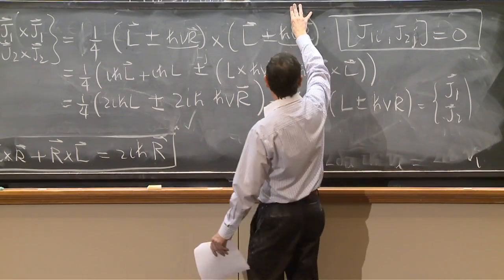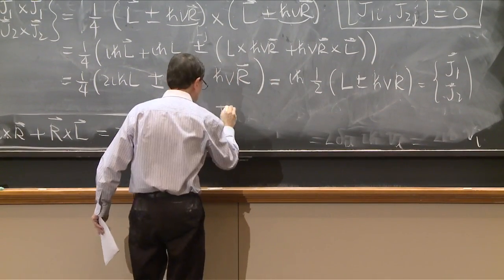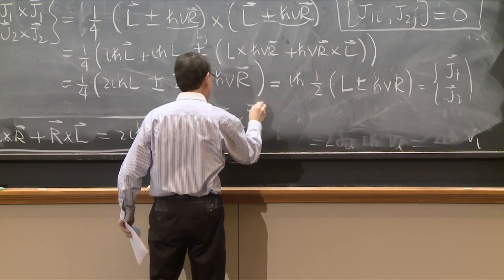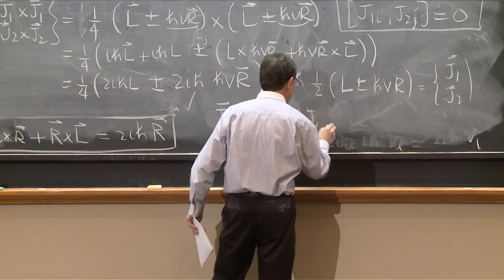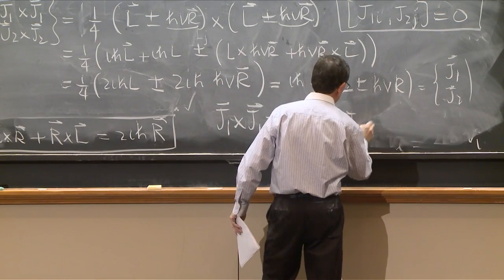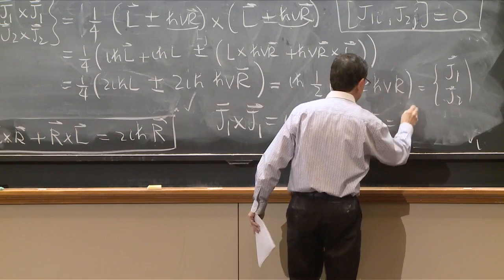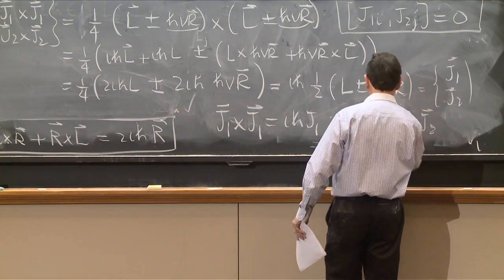So very nicely, we've shown that J1 cross J1 is i H bar J1, and J2 cross J2 is i H bar J2.